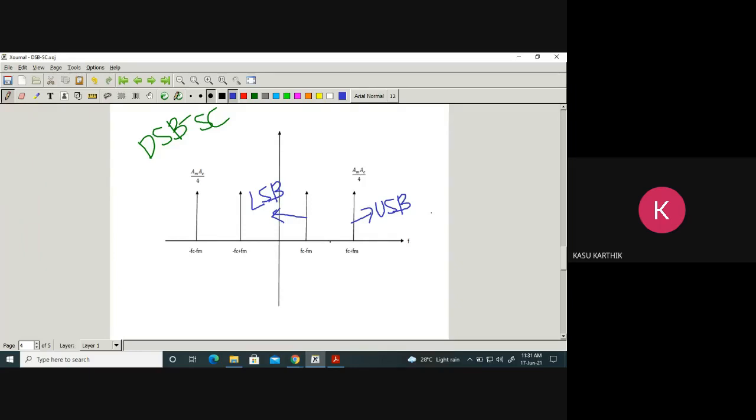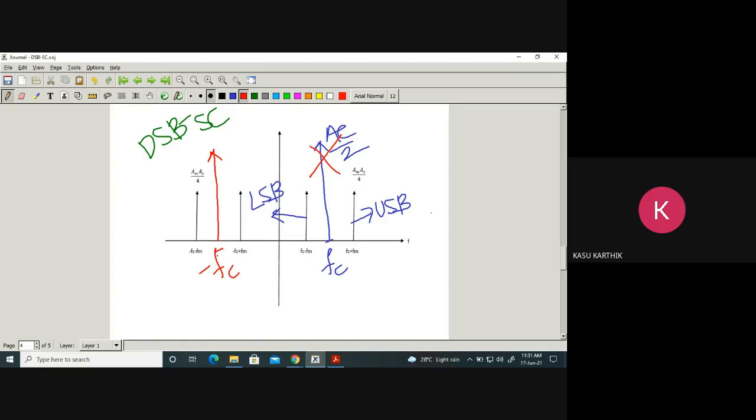Here in AM, we had a component at fc, which is Ac by 2. That is missing. So everything is same. Here also we had a component at minus fc. That is missing. So remaining things are same.